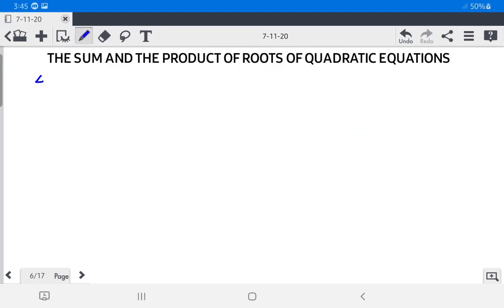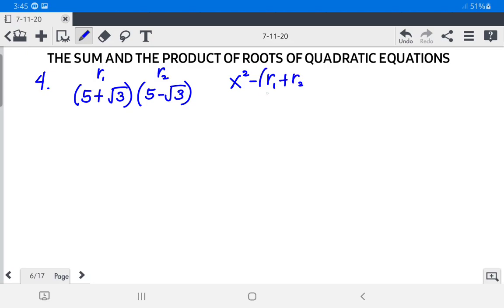Number 4. Let's say we have 5 plus square root of 3 and then 5 minus square root of 3. So this is the first root. This is the second root. Now, using the formula, we have x squared minus r sub 1 plus r sub 2 x plus r sub 1 times r sub 2 equals 0.